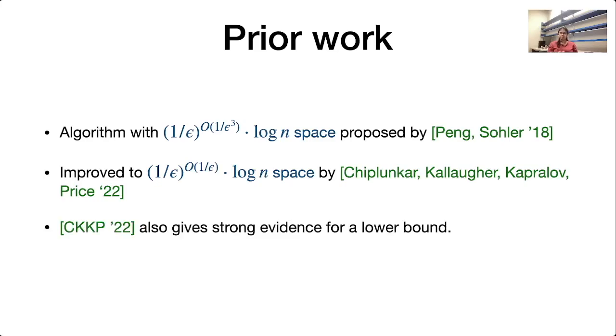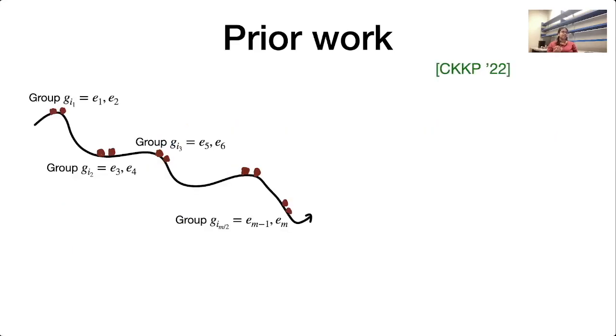The CKKP 2022 paper also gives strong evidence for a lower bound on the space required. They define something called a batched random order stream, where instead of the edges appearing in a purely random fashion, they're first grouped adversarially into groups of size 2. These groups then appear in a random order. This is harder for the algorithms because this grouping can be adversarial, but it is an easier model to prove lower bounds against than the random order streaming model.